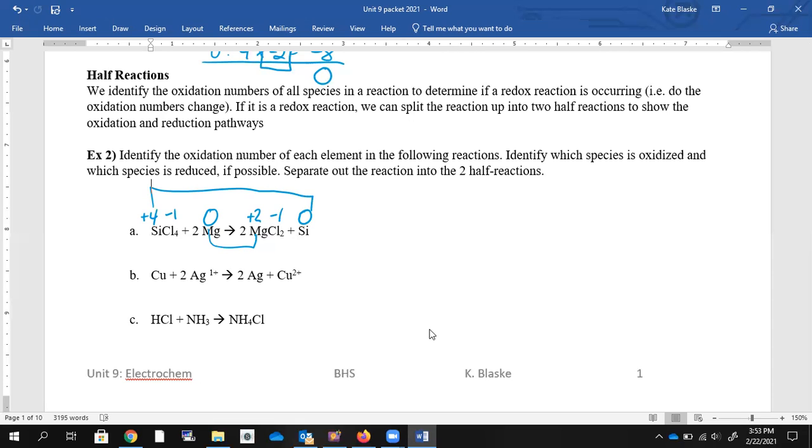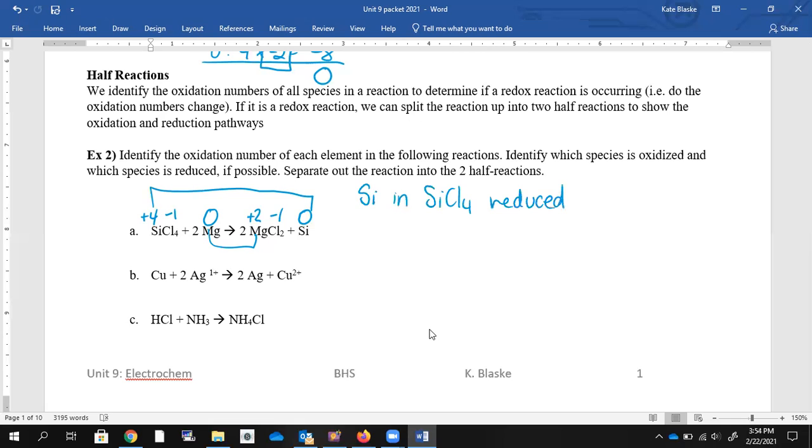So that silicon, if it's becoming more negative, we are gaining electrons. So remember, Leo, the lion, goes grr. Gaining electrons means we are reduced. So we're going to say that the silicon in silicon chloride was reduced.